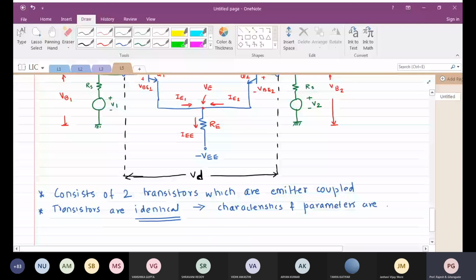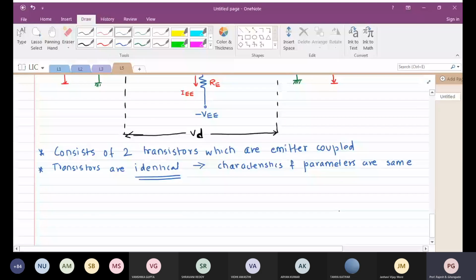Well, almost the same. Remember that we cannot have exactly the same parameters and characteristics with the transistors because of the fabrication process. But we can fabricate identical transistors if they are manufactured on a single die, at the same time.